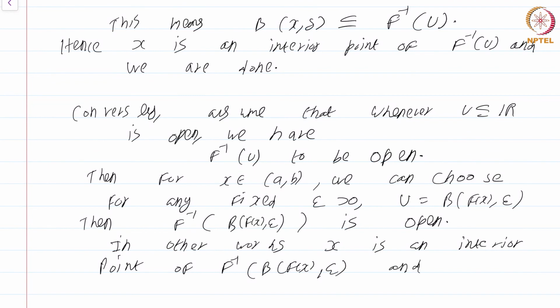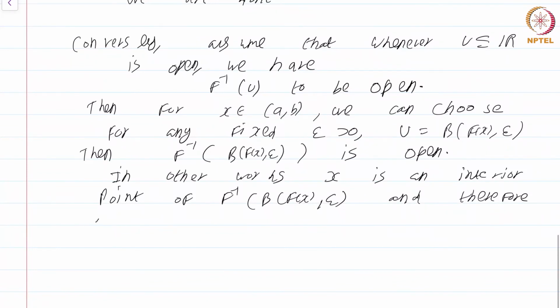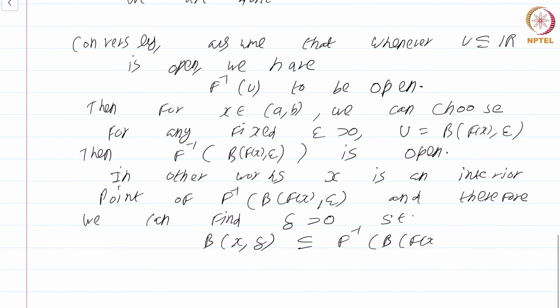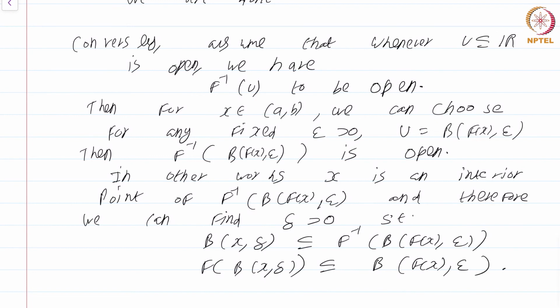Therefore we can find delta greater than 0 such that B(x, delta) is contained in f inverse B(f(x), epsilon), which is just saying f(B(x, delta)) is contained in B(f(x), epsilon). Okay, that by the previous proposition we are done.